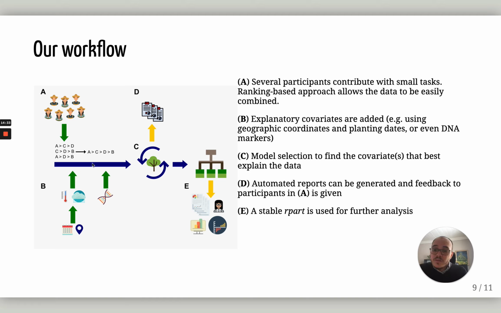Then we combine the ranking data that comes from the participants with explanatory variables. For example, if we are working with on-farm trials, we can pick the planting dates and the geographic locations, and with these two pieces of information we can derive environmental indices from precipitation and temperature.